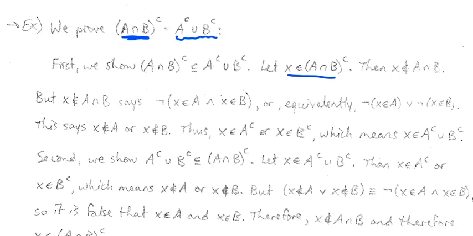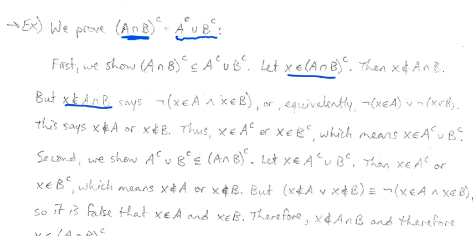But if you think of what this is saying in terms of logical operators, in terms of disjunctions or conjunctions, saying that X is not in A intersect B is saying not (X is in A and X is in B).